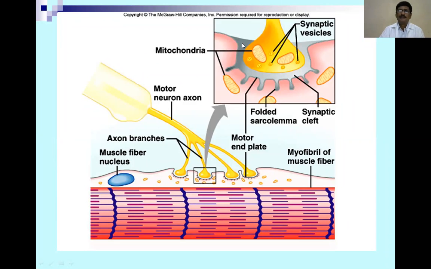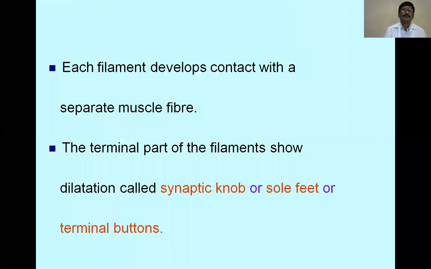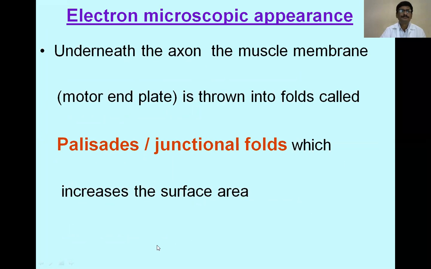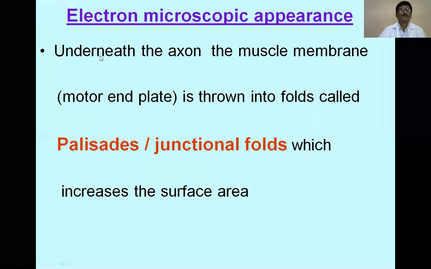This is the structure. Each filament develops a contact with a separate muscle fiber. The terminal part of the filament shows a dilatation called the synaptic knob, sole feet or terminal buttons. Under the electron microscope, you can see the muscle membrane is thrown into so many folds called palisades or junctional folds, otherwise called subneural clefts, which increase the surface area.